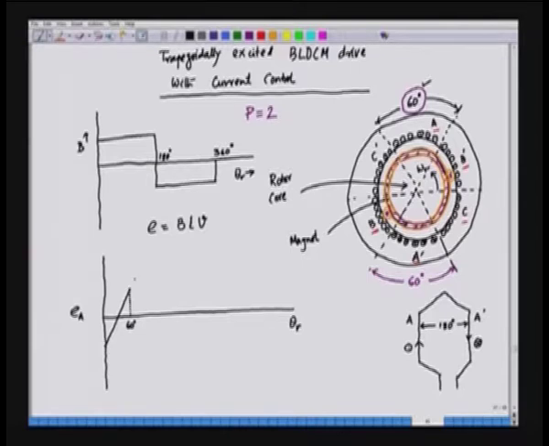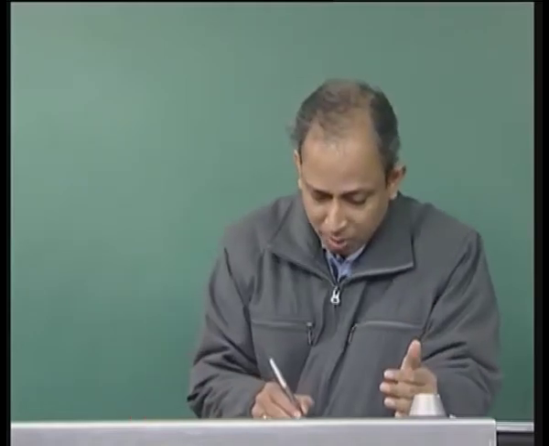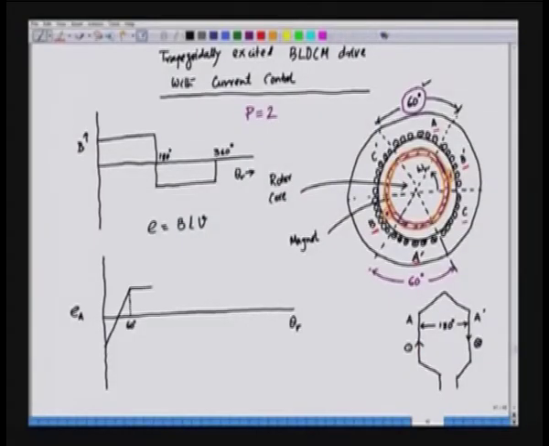Now, the present situation is the induced EMF in phase A, the phase A in this case is seeing full south pole, A prime is seeing full north pole. So, the south pole has fully entered under phase A. So, it means the induced EMF is maximum there, and this induced EMF is going to stay there for how much duration?